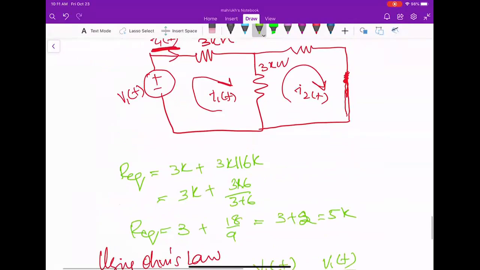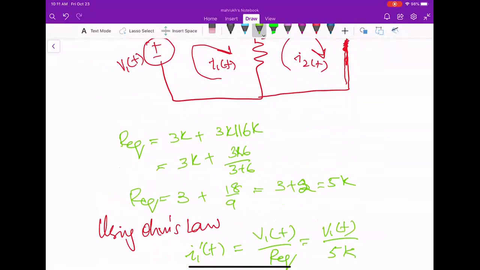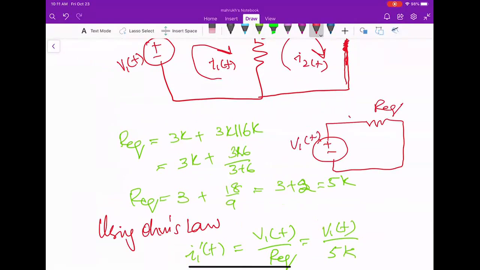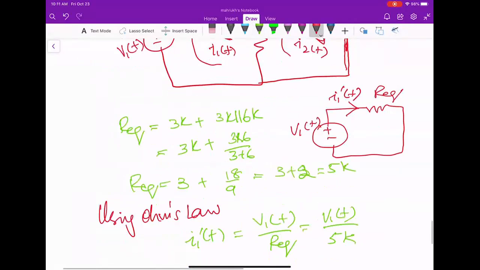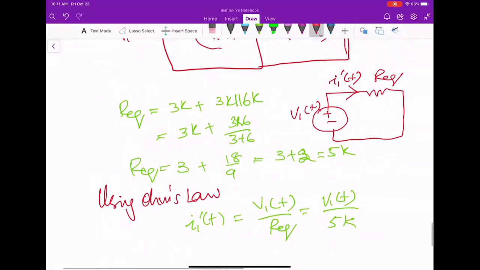Sounds good? Yep. So this is my I1 dash of t.